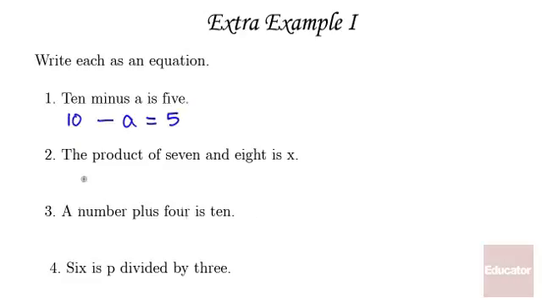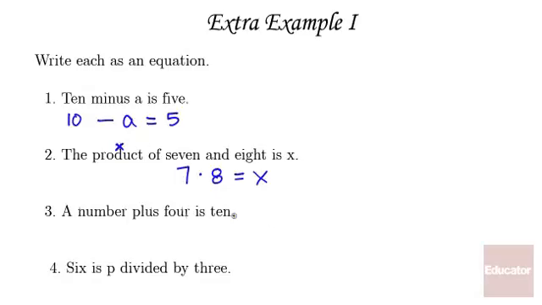And the second one, the product of 7 and 8 is X. Product means times. So 7 times 8 is X. Now, I know that this means product.